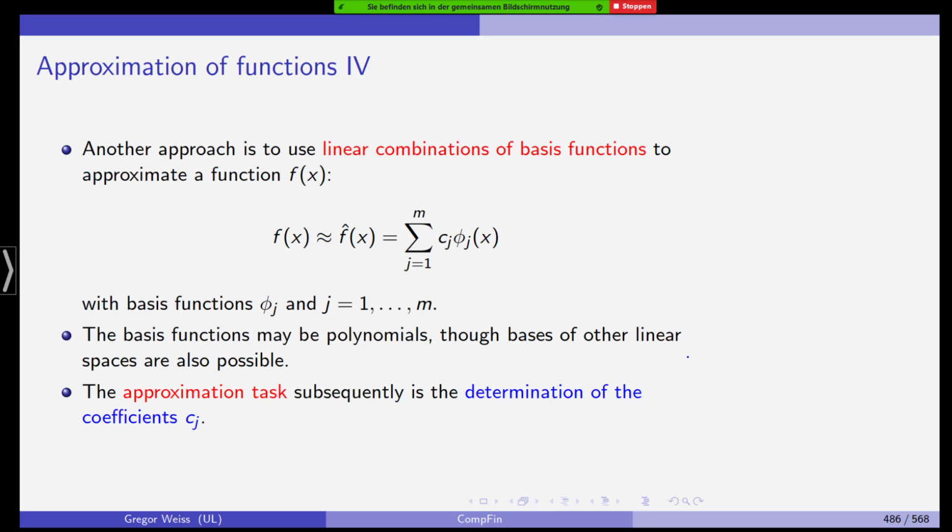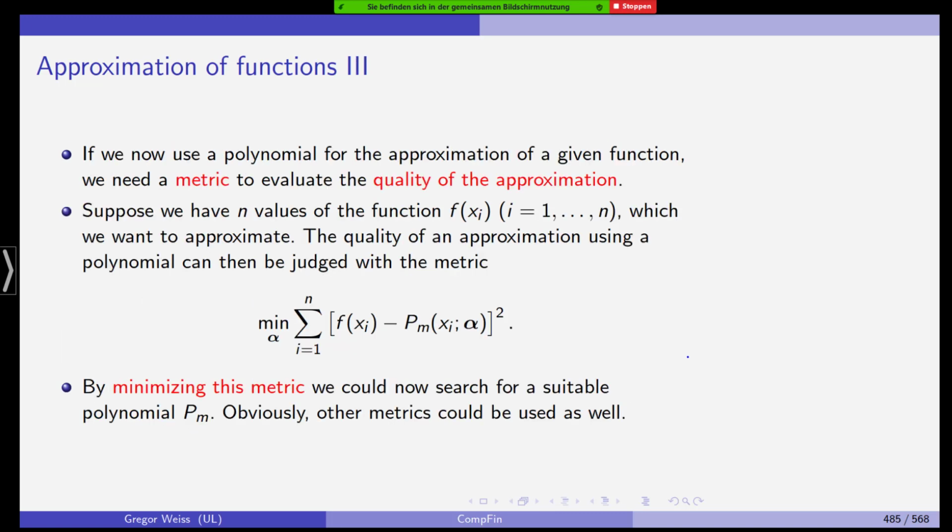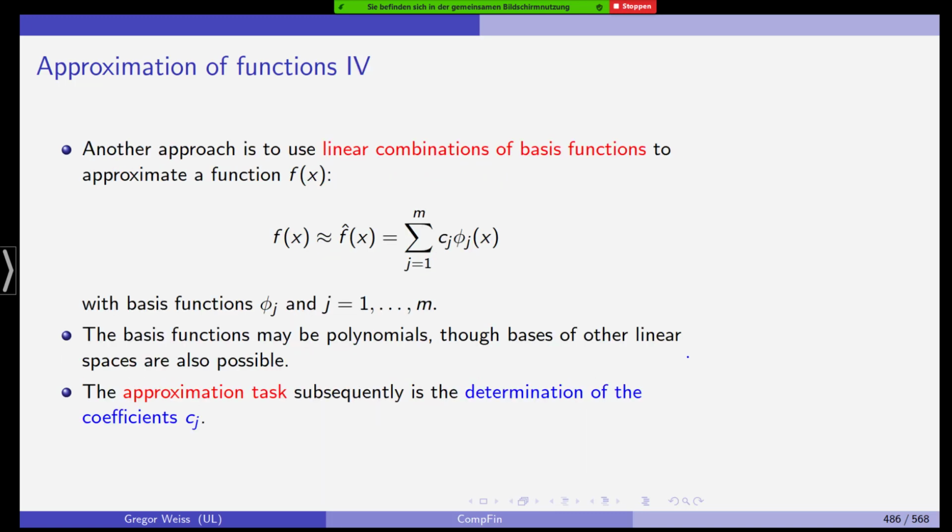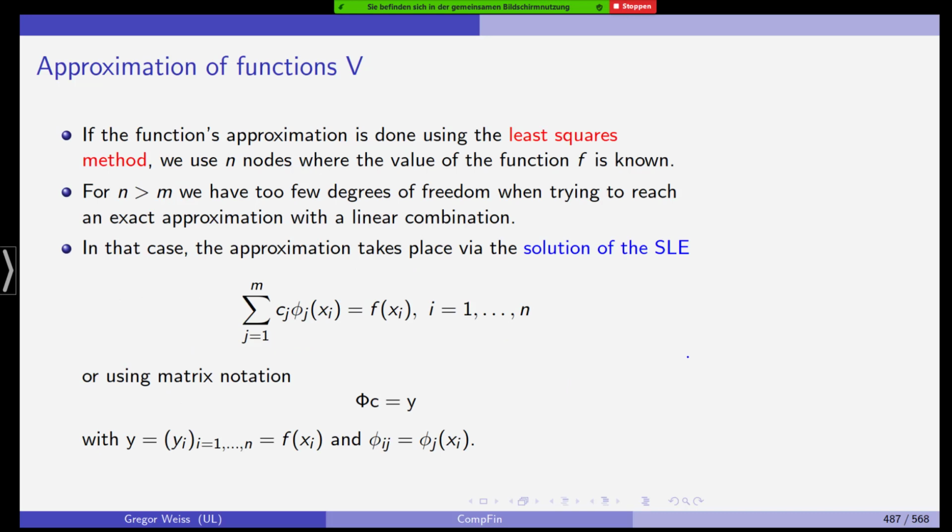And the approximation task now is to determine the corresponding coefficients of the function on the right-hand side, and to choose the coefficients cj in such an optimal way that, for example, this metric becomes minimal. That's our task. Now, if the function's approximation is done using least squares, we use, for example, n nodes, Stützstellen in German, where the value of the function f is known.